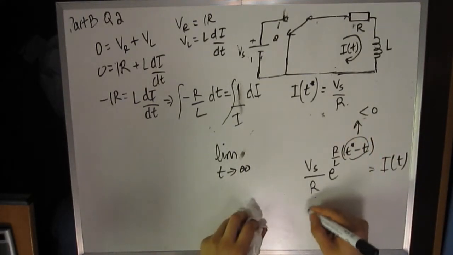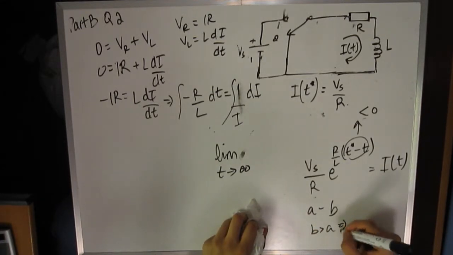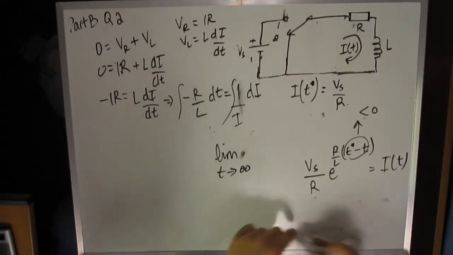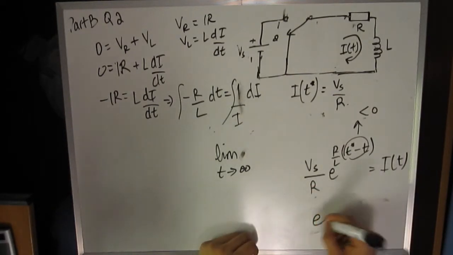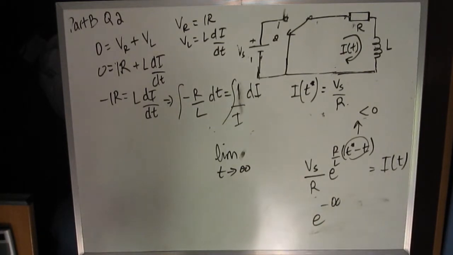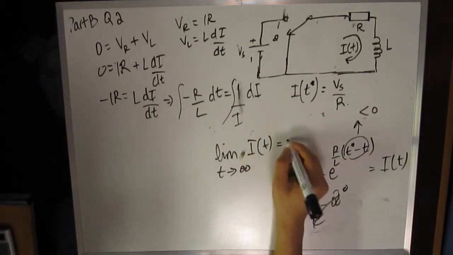A basic example is a minus b, where b is greater than a, which means this is less than 0. So that's basically what's going to happen here. And e to the power of any number that's really large and negative, basically negative infinity, will in fact be 0. And you're going to get your I of t to equal 0.